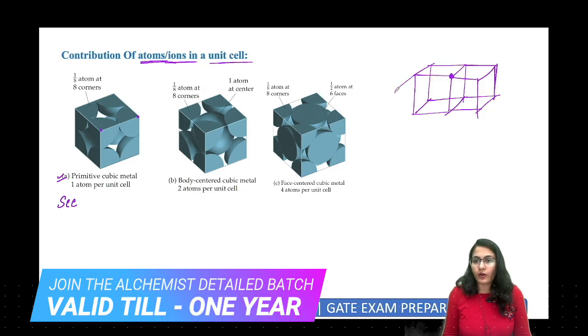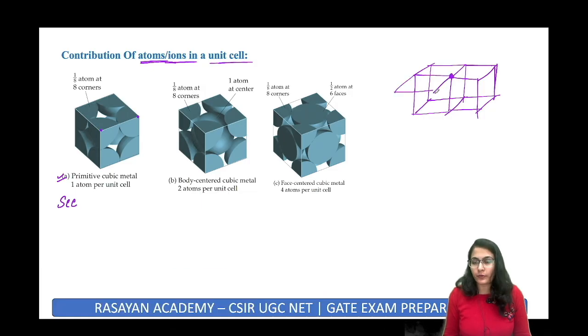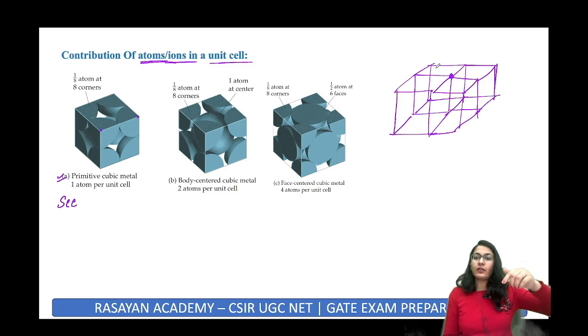Now if I draw one more in the front, it is going to look like this. So what happened? It is being shared between 1, 2, 3, 4 different unit cells.